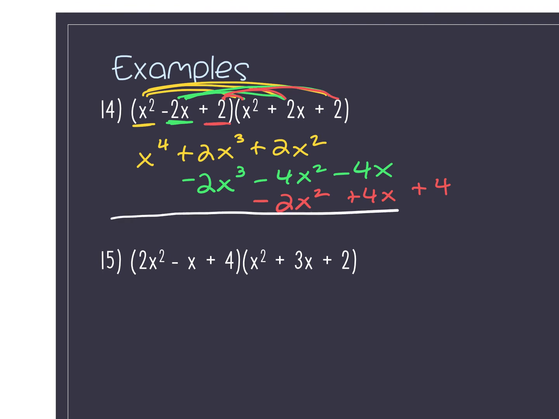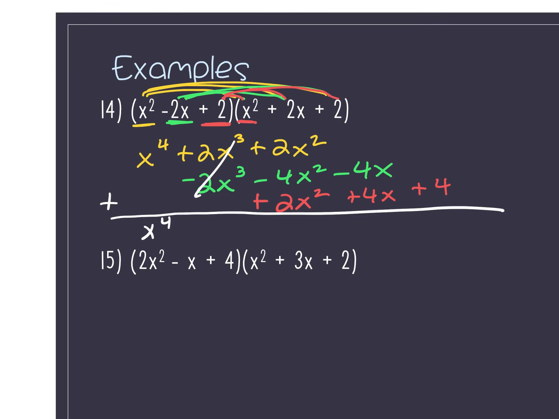Now I can add up my like terms. So this should be positive 2x. 2x times x squared, that should have been a positive 2x. All right, now I can combine my like terms straight up and down. There's nothing to add to the x to the 4th, so bring it straight down. 2x to the 3rd minus 2x to the 3rd, nothing here, that's gone. Same thing on the next column.